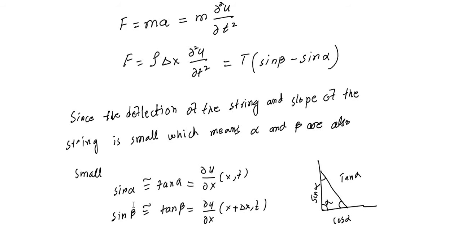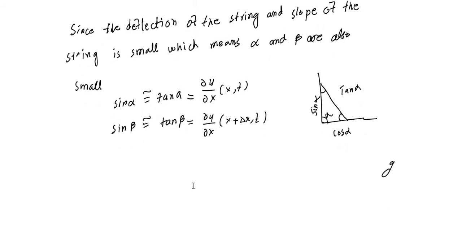Why is it? You know, the location of sine beta and the location of sine alpha. At the location of sine alpha, what is your deflection? The rate of deflection is this one, and at the point of sine beta, the rate of deflection is this one.